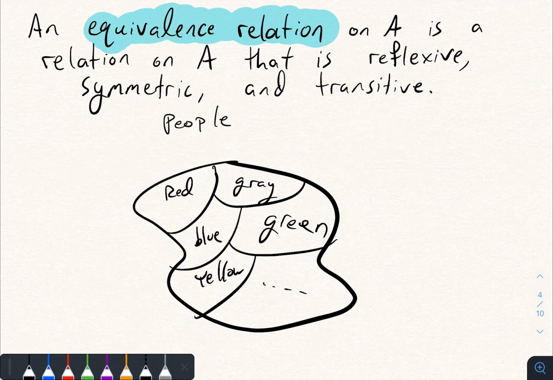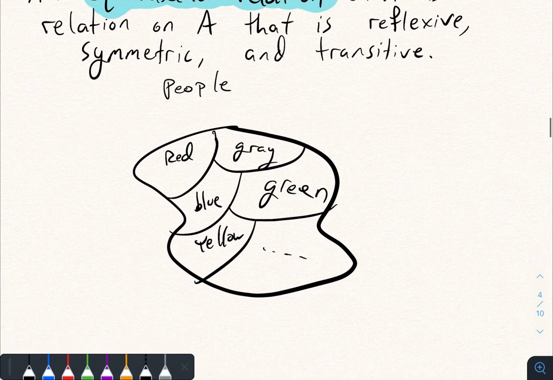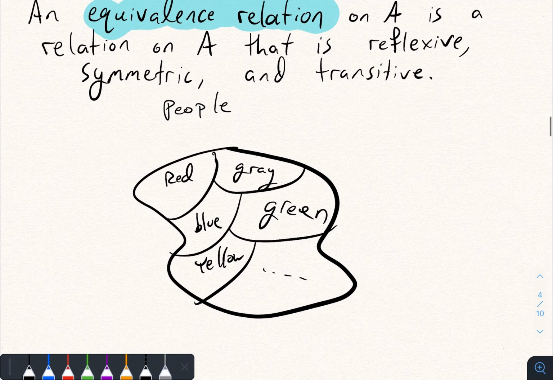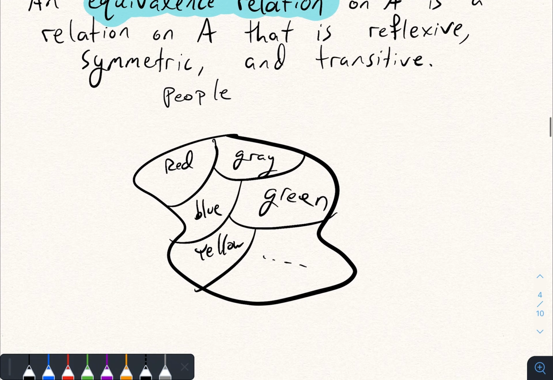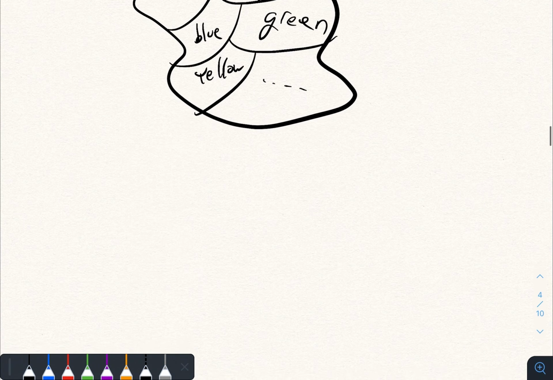And so you could really just think of people as being labeled by the color shirt that they're wearing, and that partitions the set of people in a certain way. So yeah, equivalence relations are really nice. They're very important in math, and it's a good thing to understand.